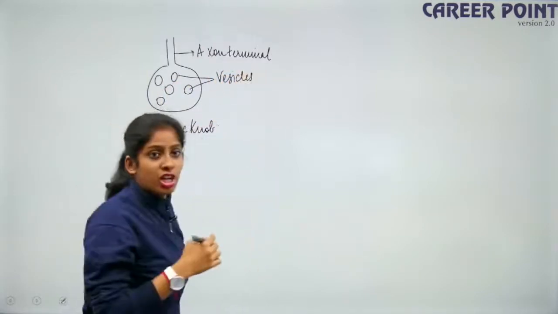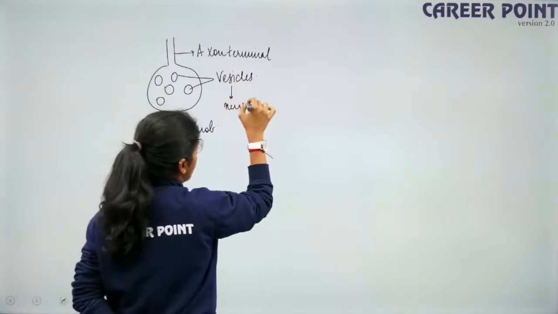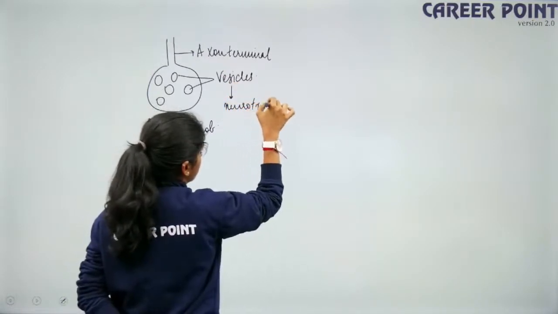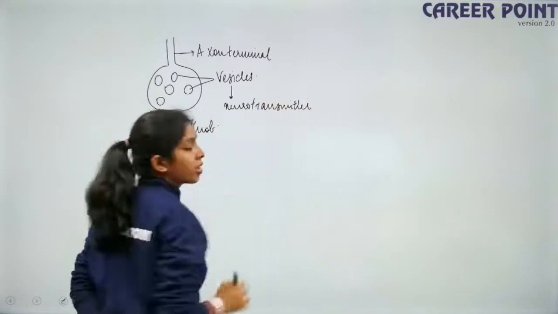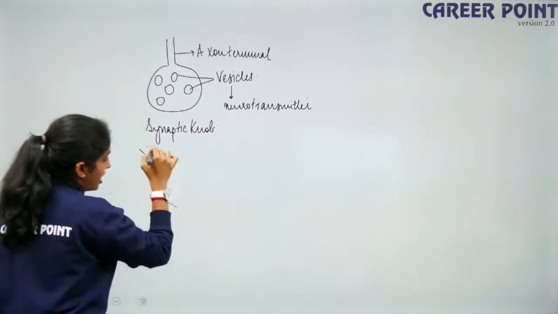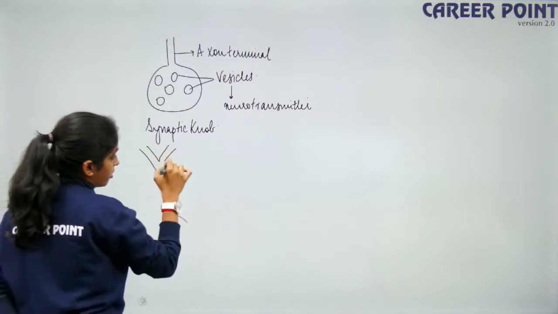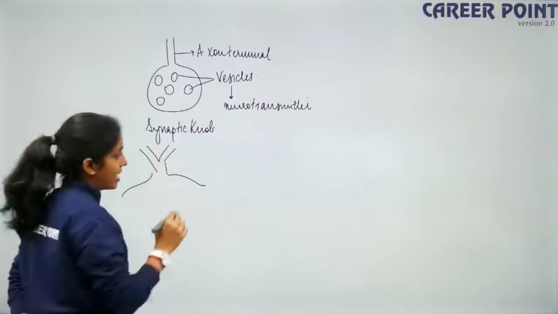These bag-like structures or vesicles have what is known as neurotransmitters. Now very quickly I have the next dendrite here.